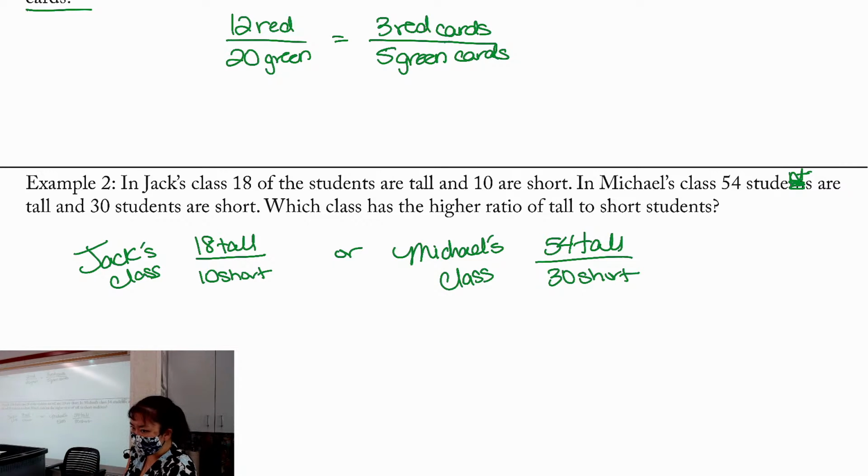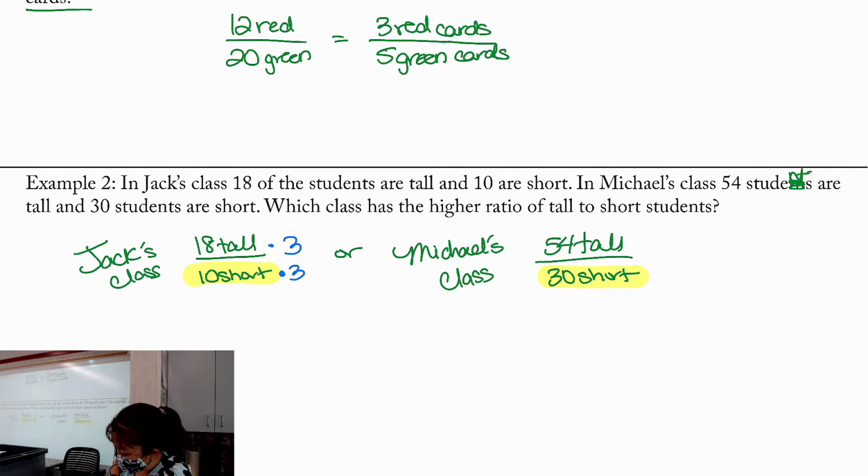To compare ratios, there's a couple things you can do. One, you can reduce and then try to compare them. Okay? Or two, what I notice is 30 can be the same thing as 10 times 3. So just like what you guys did when we did the fraction war thing, I can multiply the top and bottom by 3 and then compare the numerators.